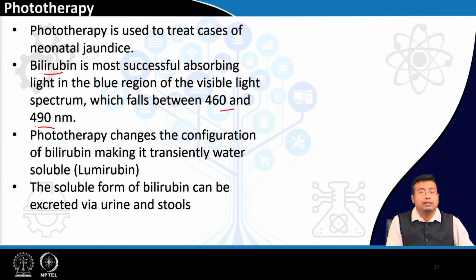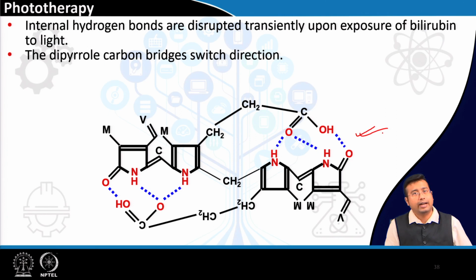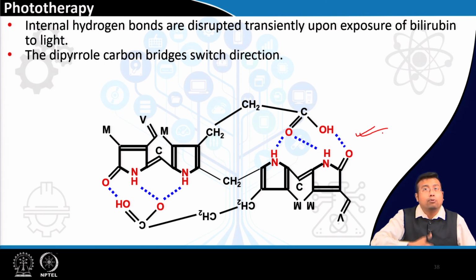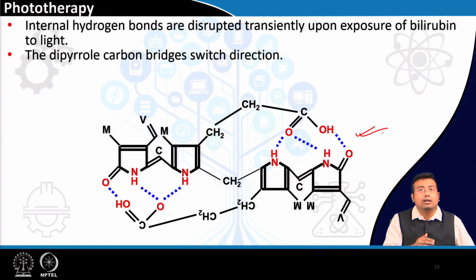But the beauty of it is, when it absorbs, bilirubin gets converted to a water soluble form known as lumirubin, which can be easily excreted via urine. So, this is again the insoluble bilirubin. When we expose it to light, there is intramolecular readjustment.